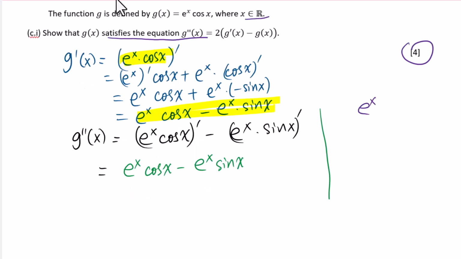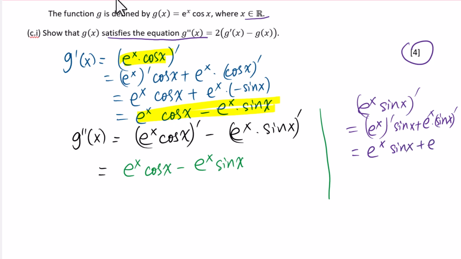So for e to the x power sine x prime equals e to the x power prime sine x plus e to the x power times sine x prime, which is e to the x power sine x plus e to the x power times cosine x.